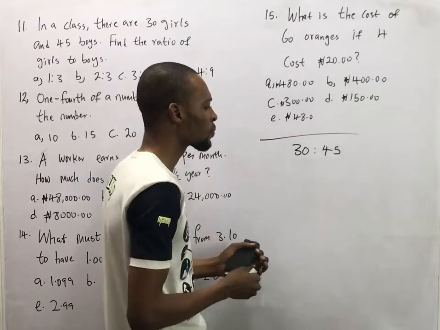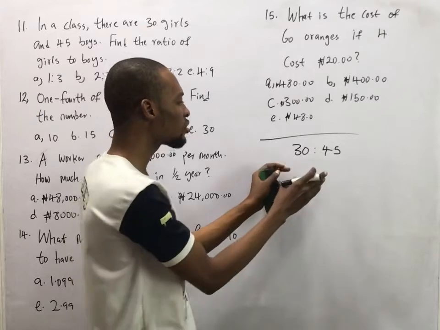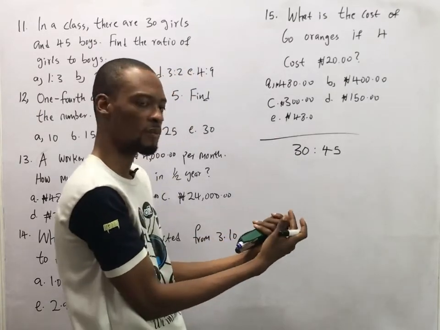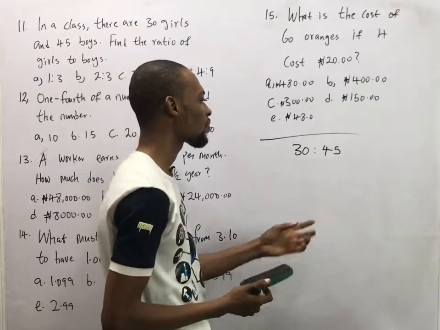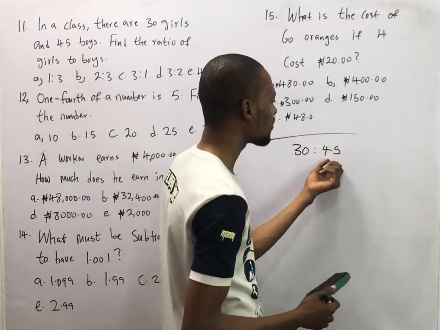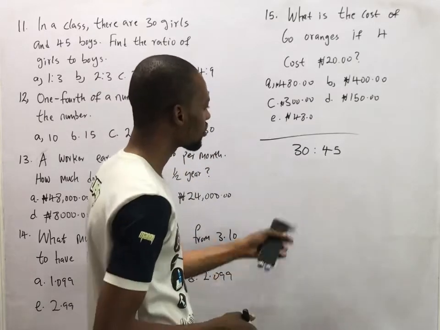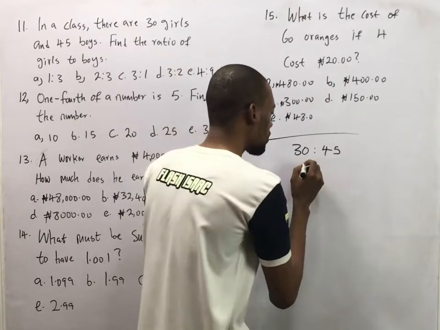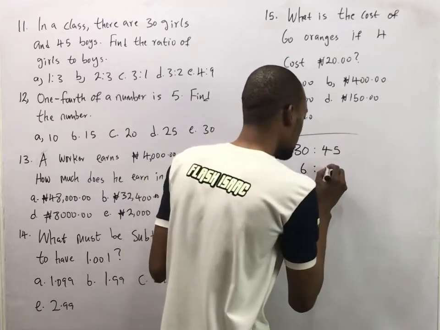However, the question requires us to break this ratio down to get one of the options. So what do we do? We divide both of them by the same number until it gets to a point where the same number cannot break the two of them down. Looking at 30 and 45, 30 divided by 2 will give you 15, but you can't divide 45 by 2. So we look at various numbers. 30 divided by 5 is 6, ratio 45 divided by 5 is 9.